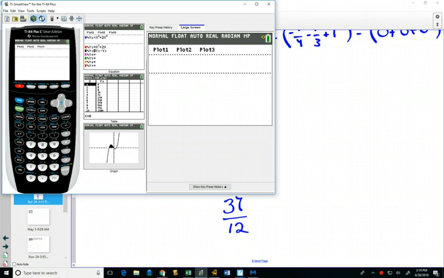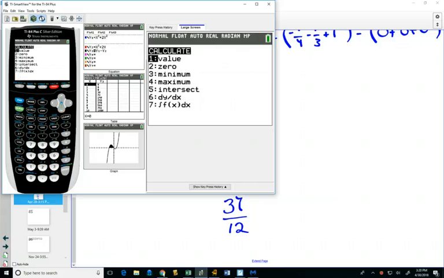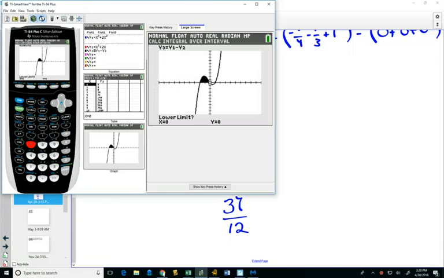Now, we could go to y4 and do y2 minus y1. What's that going to do to that black graph? It's going to just flip it. Or I could just go second, calculate, the integral from 1 to 0.